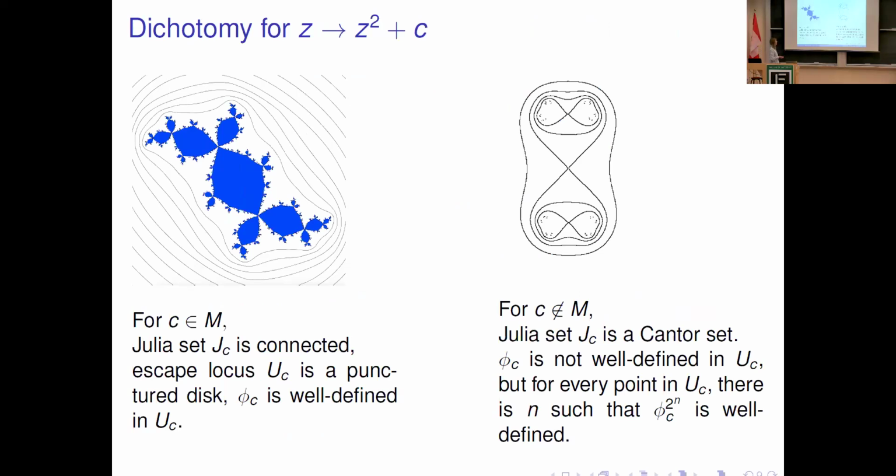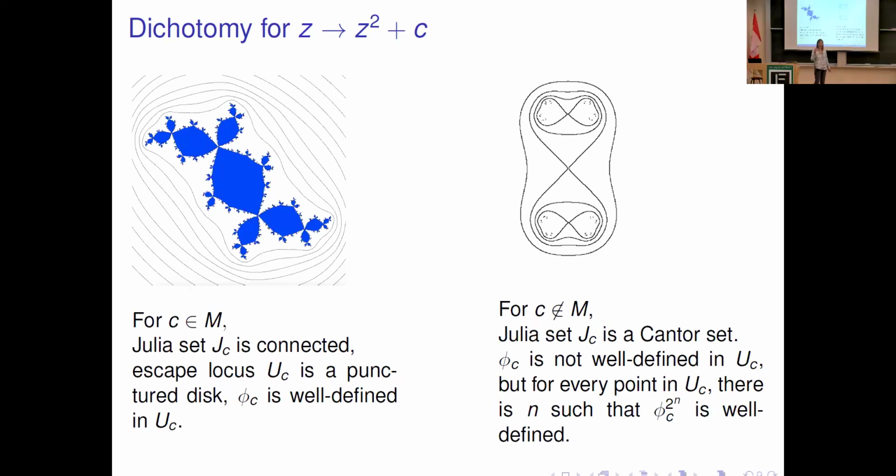Either the Julia set is connected, and in this case the escape locus, the complement of the filled-in Julia set, is a disk. This happens when the parameter belongs to the Mandelbrot set. When the parameter is outside, the Julia set is a Cantor set, and the escape locus has nontrivial topology, right? So it's the complement of the Cantor set.